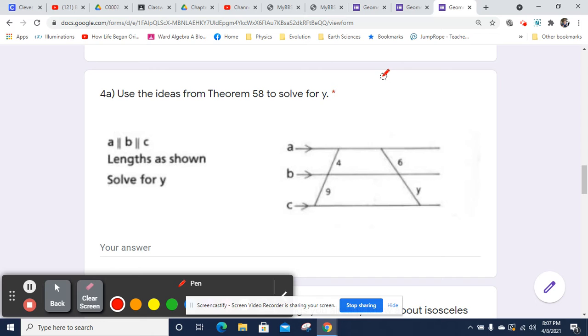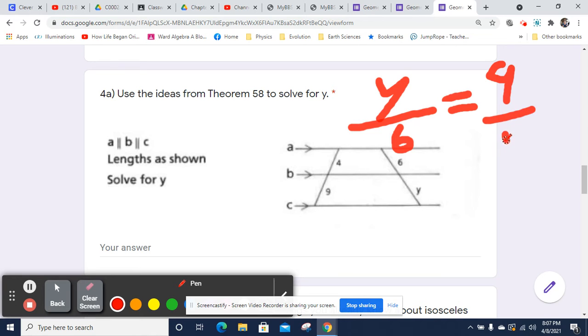So here, let's do that. Let's say y is to 6 as 9 is to 4. Then we'll multiply 9 and 6, and we'll multiply 4 and y, because the product of the means is going to equal the product of the extremes.